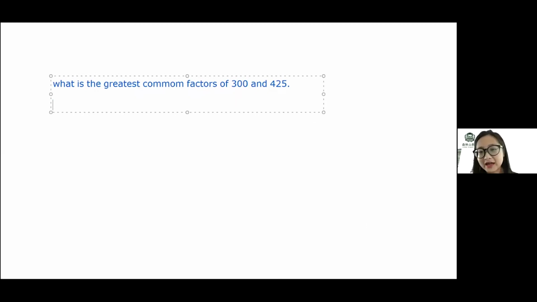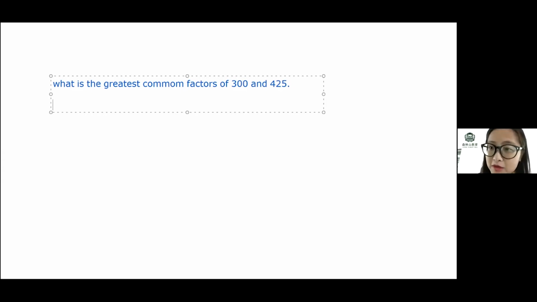So I'm going to review, because there are some kids over there. Factor means there are two numbers that multiplied together give that number. For example, the factors of 300, we're going to find all the numbers that multiplied together give 300. Then factors of 425, two numbers times together give 425.